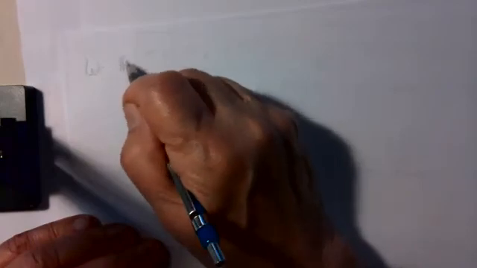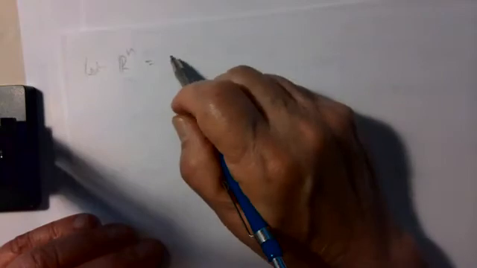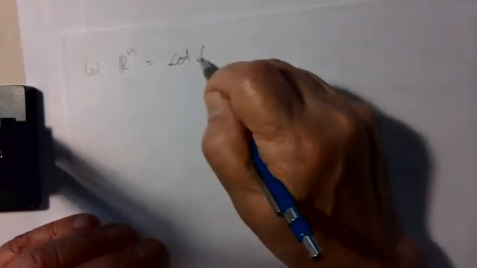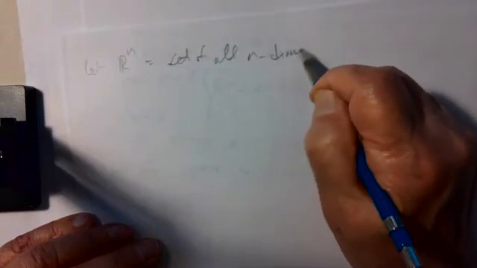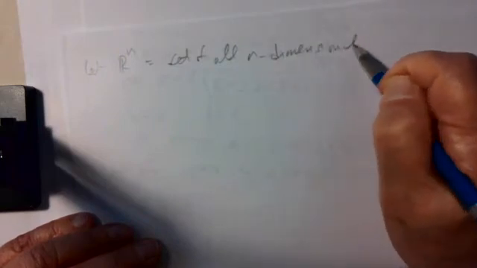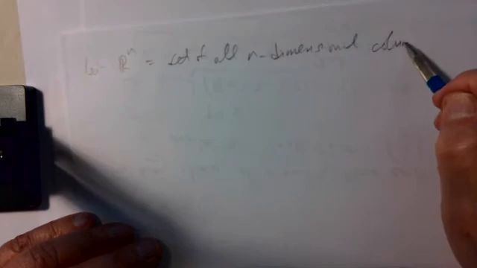Now, we write solutions as these column vectors, and we let Rn be the set of all n-dimensional column vectors.